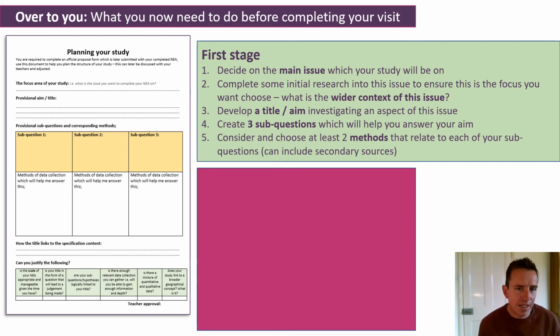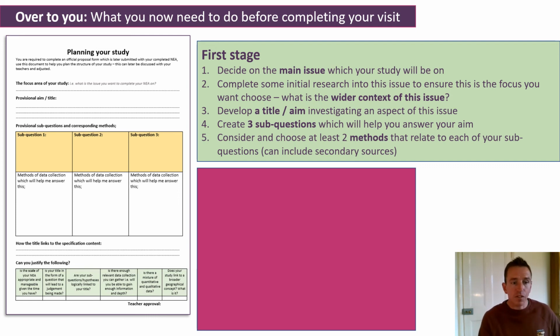So try to select maybe 2 methods that are relevant to each of your sub-questions, which would give you in total maybe 5 or 6 different methods of primary data that you're intending to do while you're here. Most students that come to Southwold will have at least 5 different methods of primary data collection that they're intending to gather during their visit.